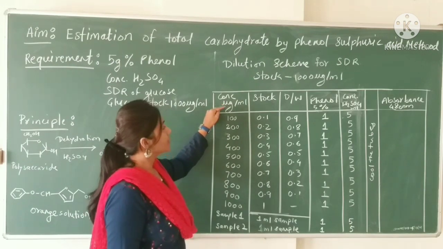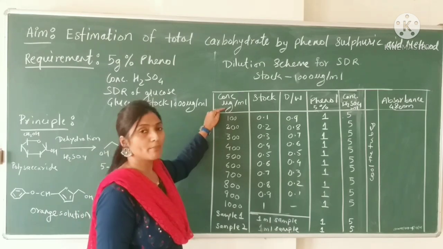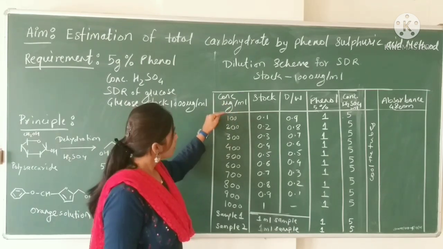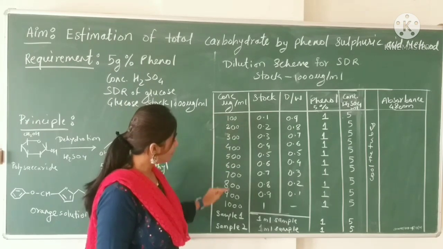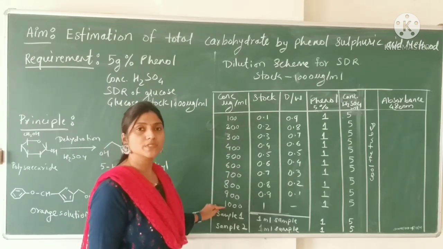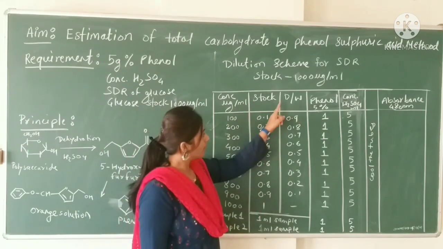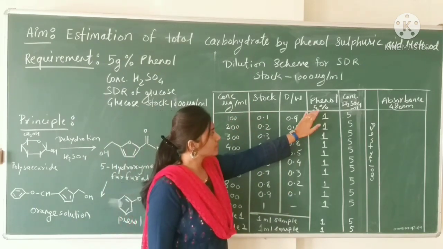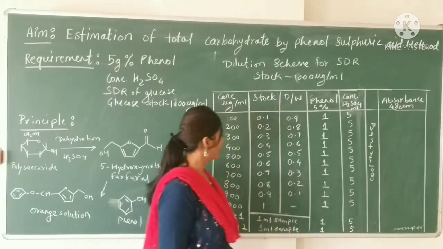The first column is the concentration of your final volume in micrograms per ml. I am preparing the SDR in the range of 100 to 1000 micrograms per ml. The second column is the stock, the third is distilled water, next the phenol reagent, then concentrated H2SO4.